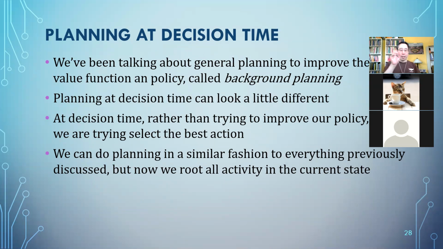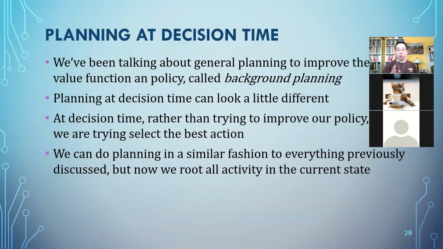So if you are interacting with the environment, rather than generally improving our policy, I can say, hey, look, I am right now in state 17, and I need to choose what action I'm going to take now. So I want to do planning in order to pick the best action. I'm not doing planning as just a general background thing to say what are good things to do.